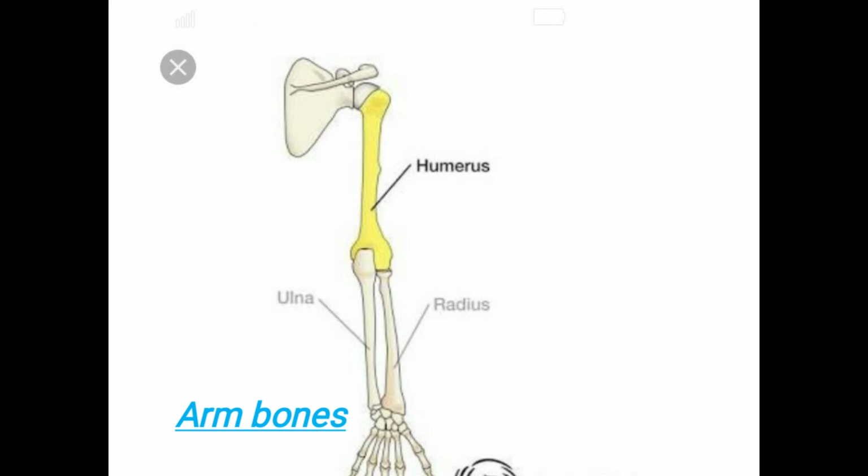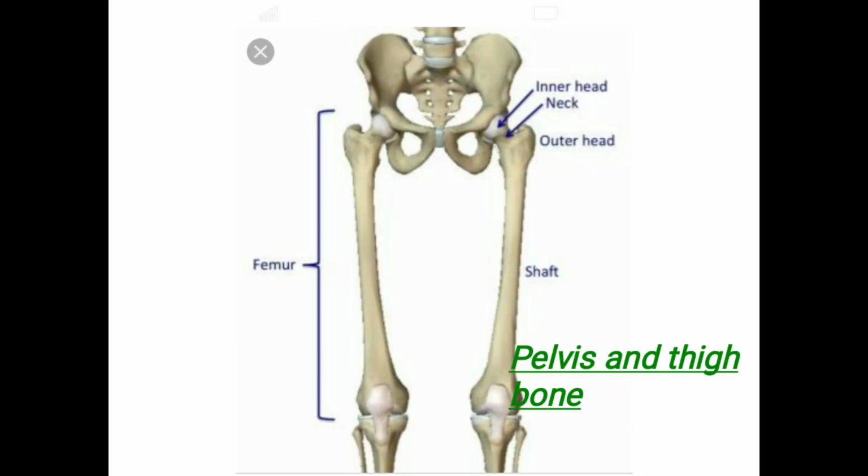The lower arm is the region between the elbow and the wrist. It consists of two bones called the radius and the ulna. The hand consists of three parts: the wrist, palm, and five fingers. It is made up of 27 bones.